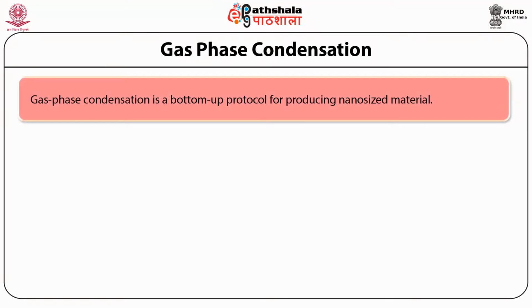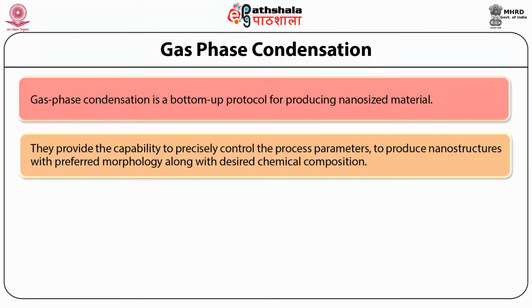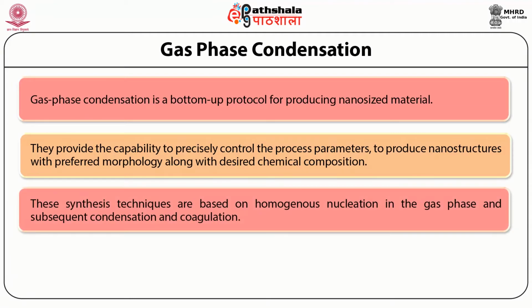Gas phase condensation is a bottom-up protocol for producing nano-sized material. They provide the capability to precisely control the process parameters to produce nanostructures with preferred morphology along with desired chemical composition. These synthesis techniques are based on homogeneous nucleation in the gas phase and subsequent condensation and coagulation.